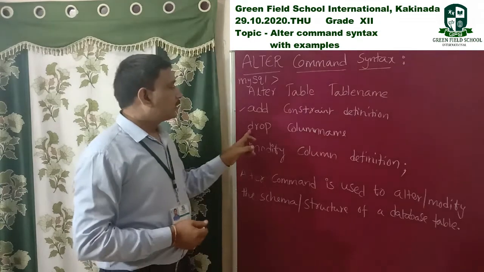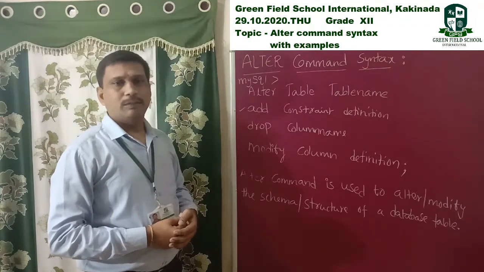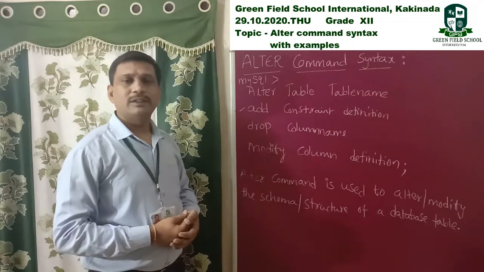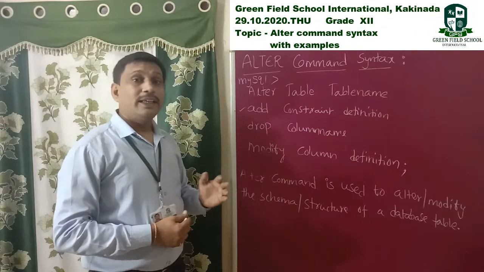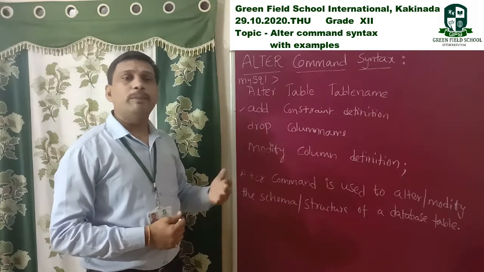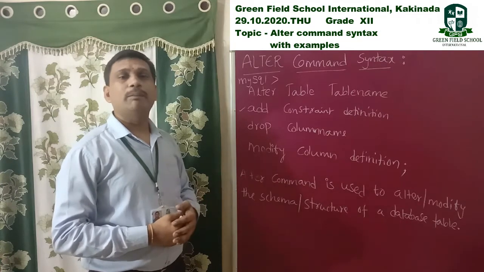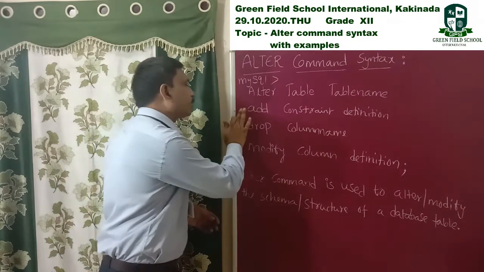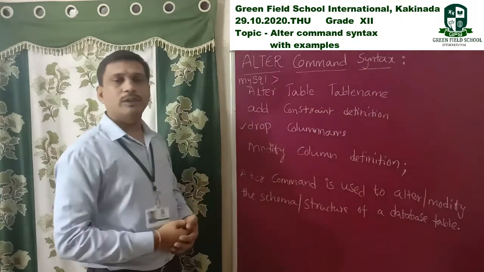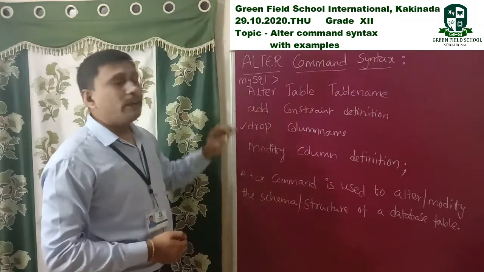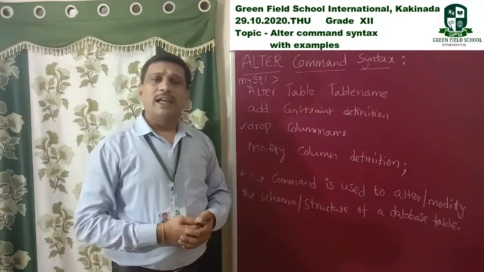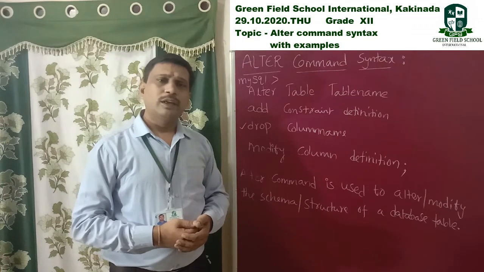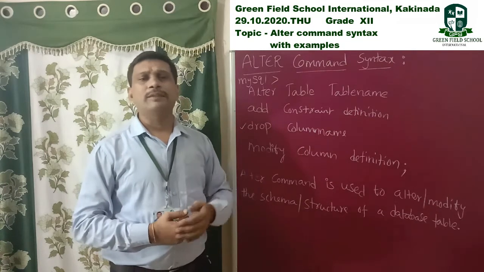Now the second option of this alter command. The alter command is used for many purposes, especially three purposes. The second option is drop. Suppose I create one table, and the table consists of three columns.